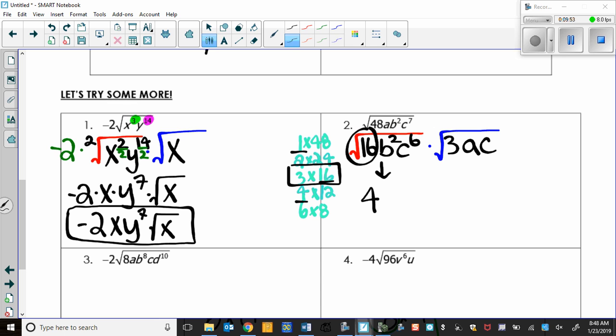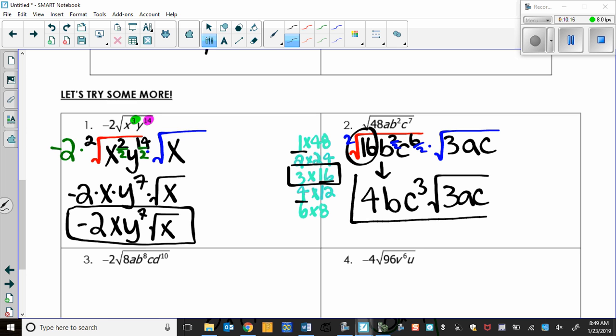And remember, there's an index of 2, so everything that has a power will be divided by 2. That's why we want an even number. b to the 2nd divided by 2 is just b to the first, or b. c to the 6th power divided by 2 is c to the 3rd power. Then bring down the remainder. Everything inside that radical cannot be simplified anymore, and there's your final answer.